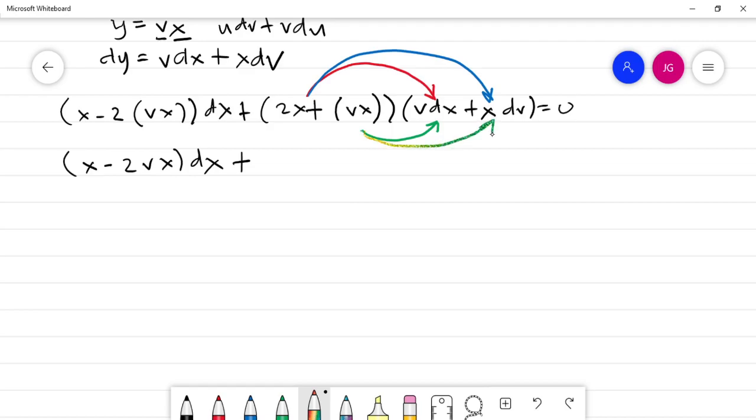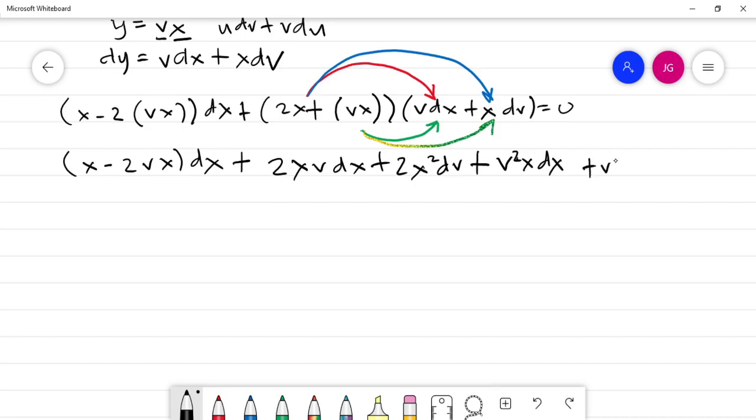Okay. So, FOIL method. Then we have 2xv dx plus 2x squared dv plus v squared x dx plus vx squared dv equal to 0.